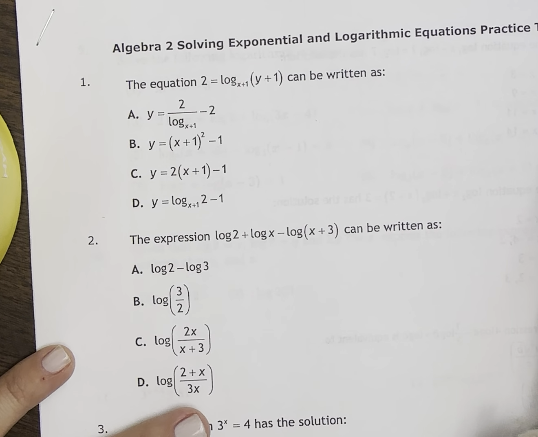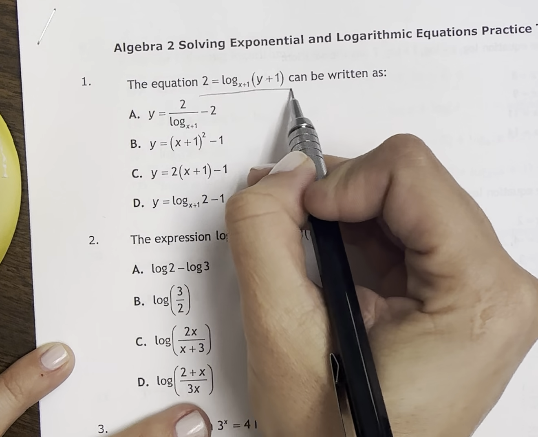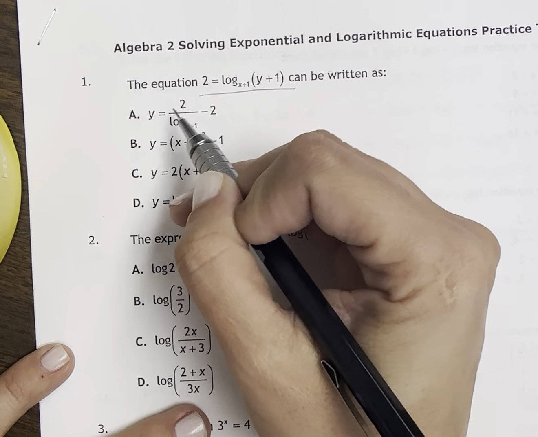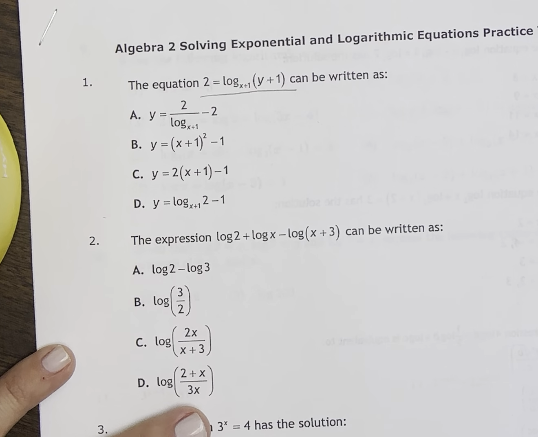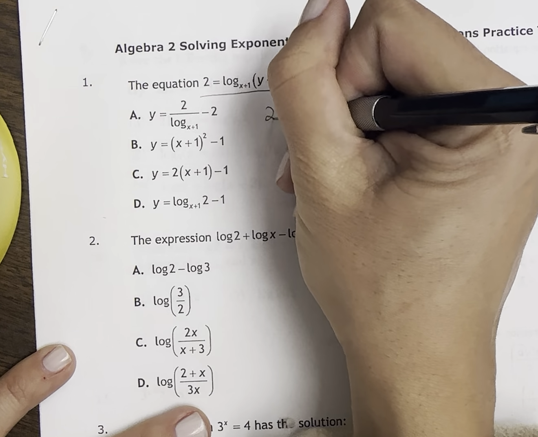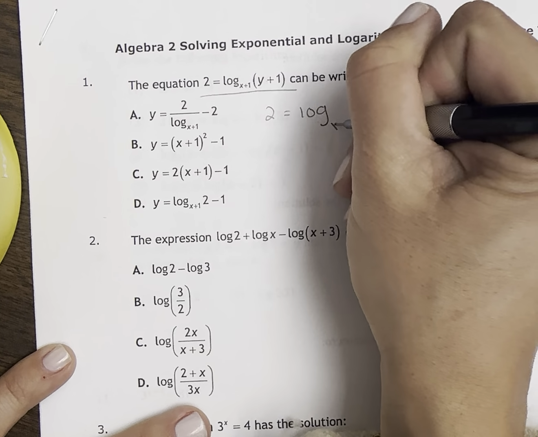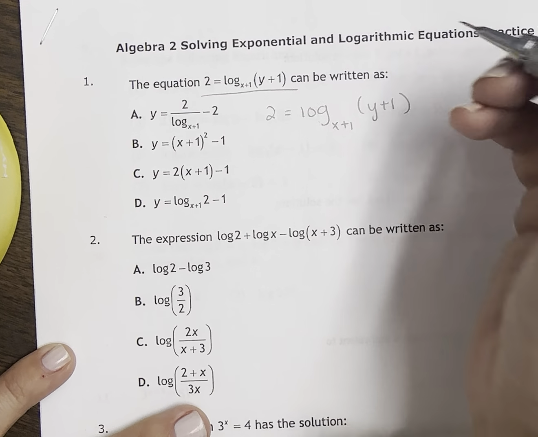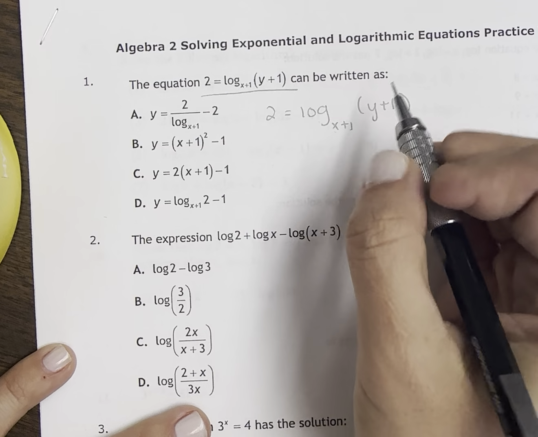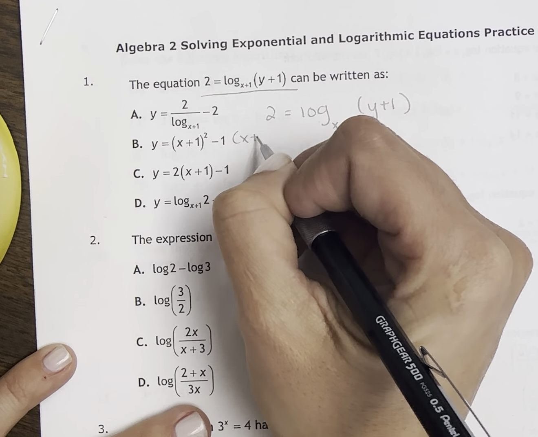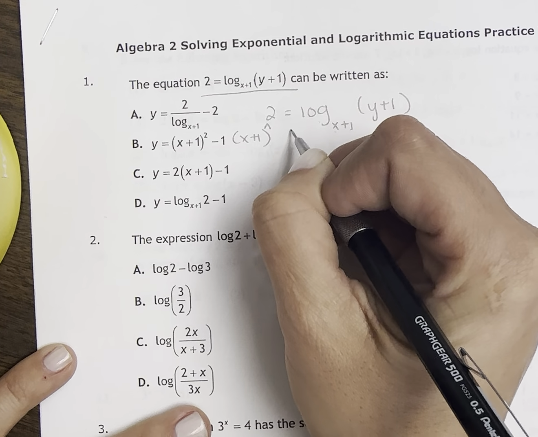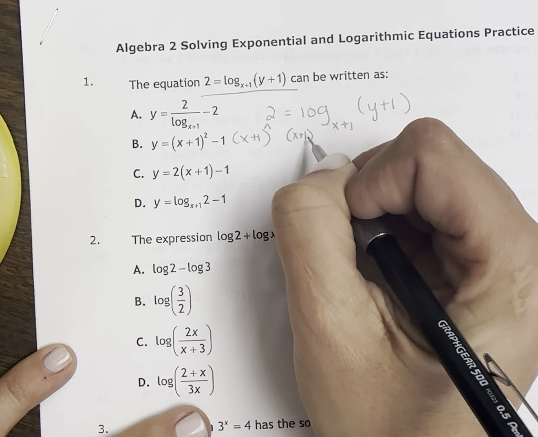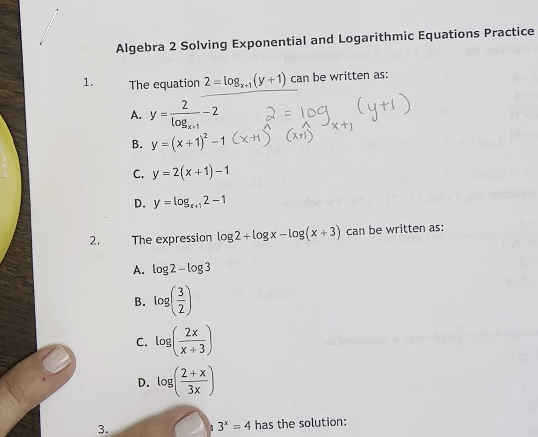Okay, here we go. This equation can be written as... I look at these, looks like they've solved for y in every case. So this is what I would get if I took the base of the log, which is x plus 1, and I did it to the power of, I made everything on each side the exponent of that.